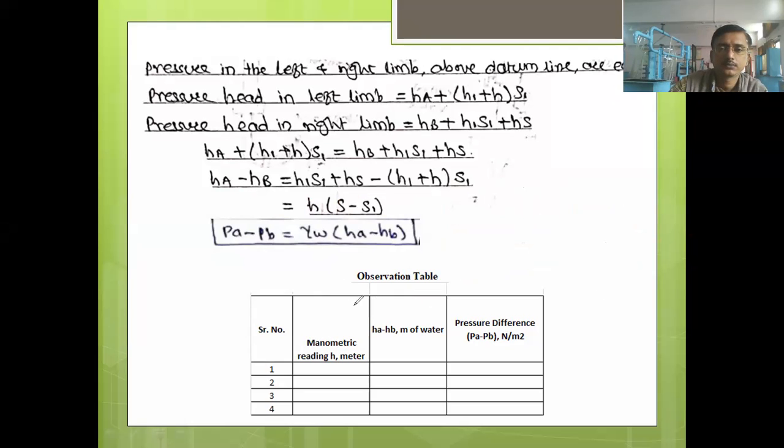Is it over? After this table, write down this formula for HA minus HB, and below that, write down this formula PA minus PB.